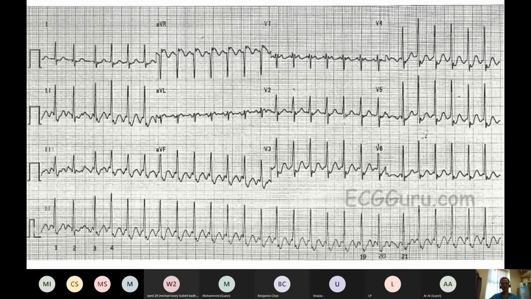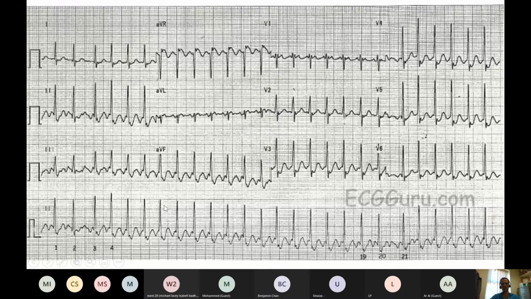So we can either do 300 divided by the number of large squares between QRS complexes, or you can count the number of QRS complexes on the 12-lead ECG and multiply by 6. So here it's much faster to say that there are about 2 large squares between QRS complexes.